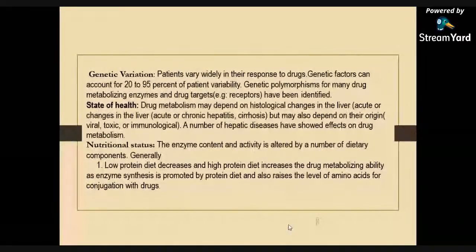The next parameter is the nutritional status. The enzyme content and activity is altered by a number of dietary components. Generally, a low protein diet decreases and a high protein diet increases the drug metabolizing ability, as enzyme synthesis is promoted by protein diet and it also raises the level of amino acids for conjugation with drugs.